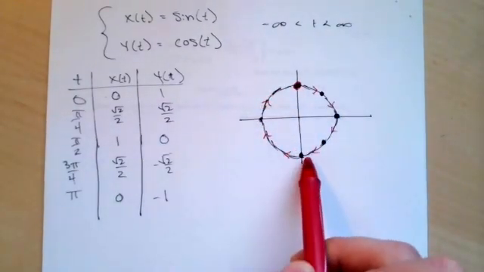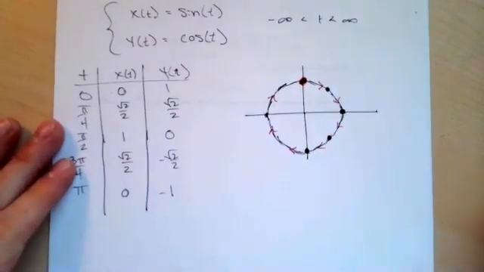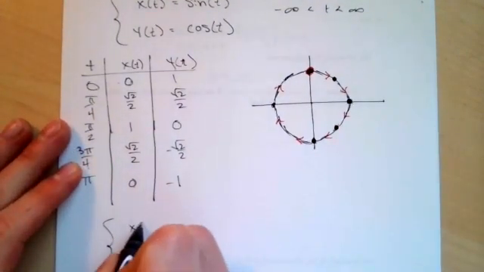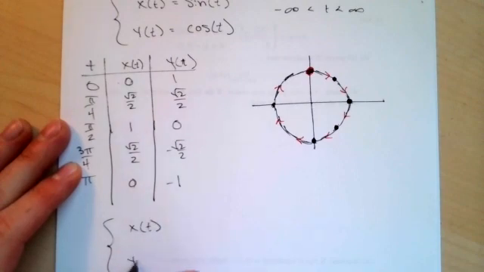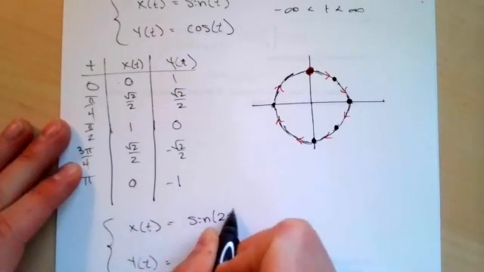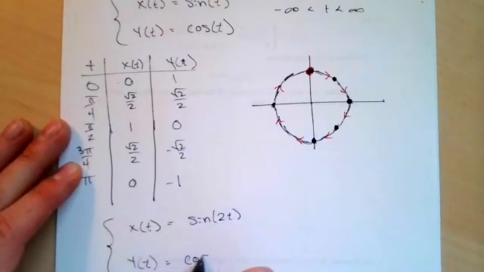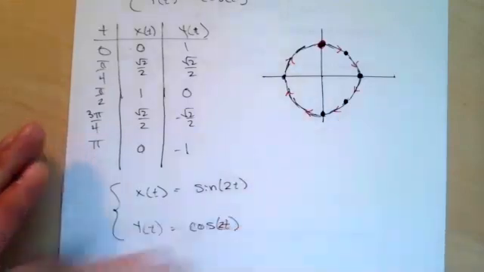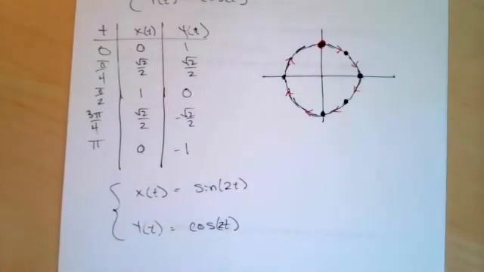And then we could also potentially adjust the parametrization. So maybe on your own, try to check out what's going to happen with this circle if now we simply adjust the argument by a factor of 2. Again, the same relative relationship between our x and y functions is going to hold.